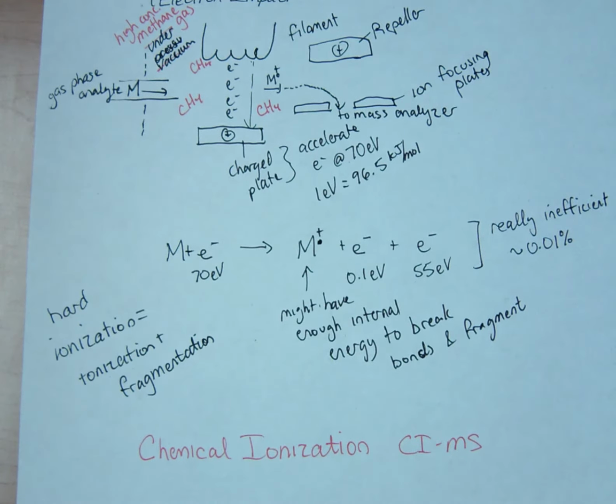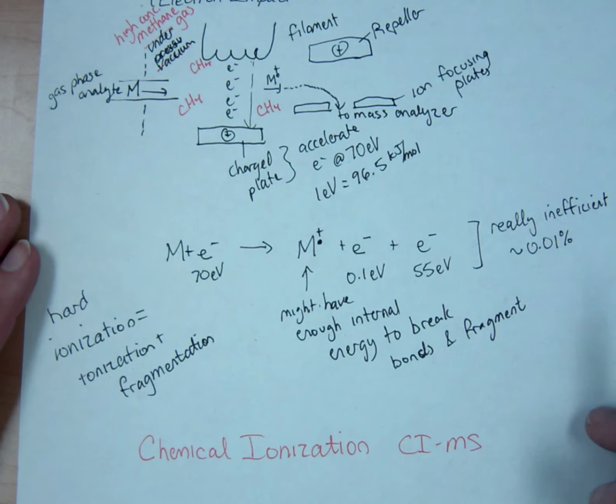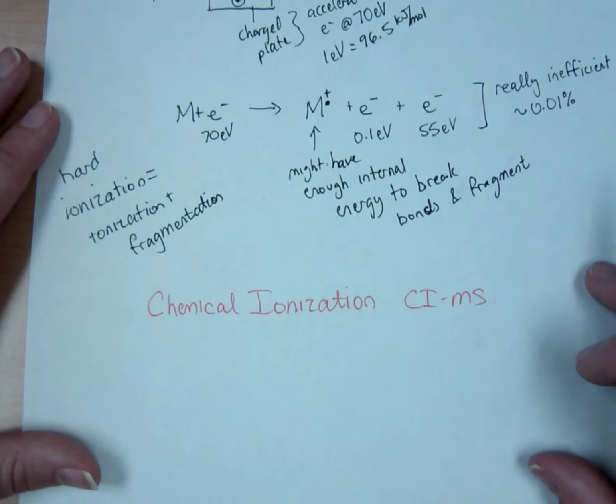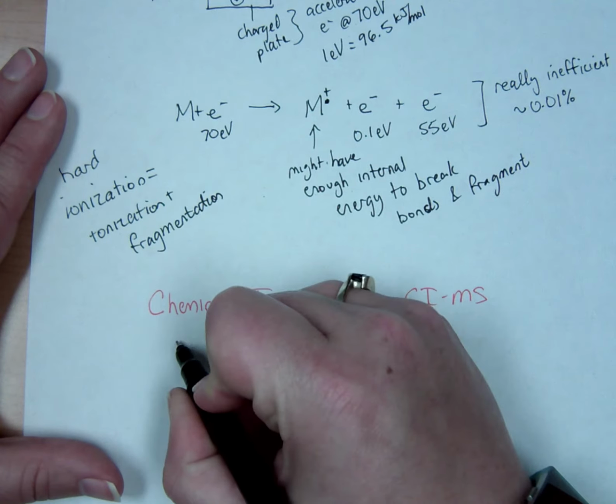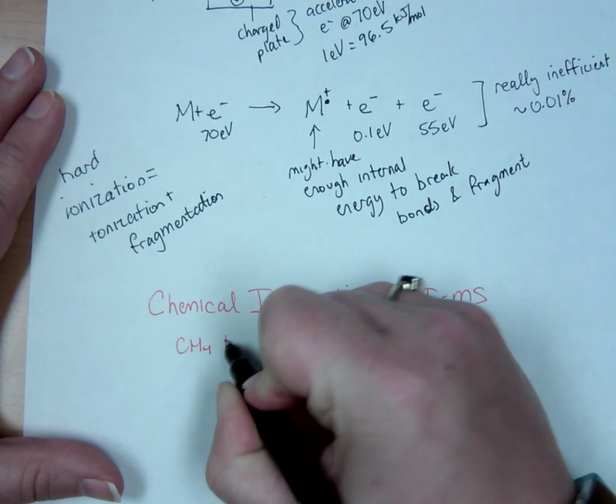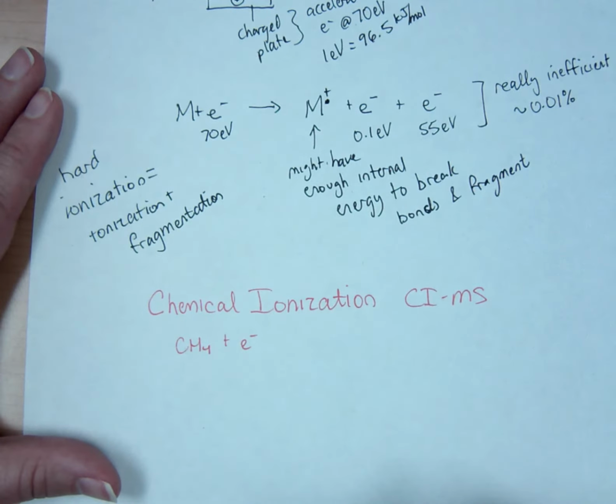Now, it could still interact with the electron beam directly, but we already said that's really inefficient, and with so many methane gas molecules around, the chances are more likely that that electron is going to interact with the methane, not with our analyte. So now what we have is methane gas plus the electron, that high energy electron.